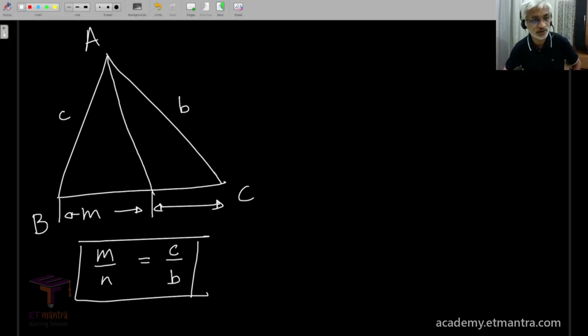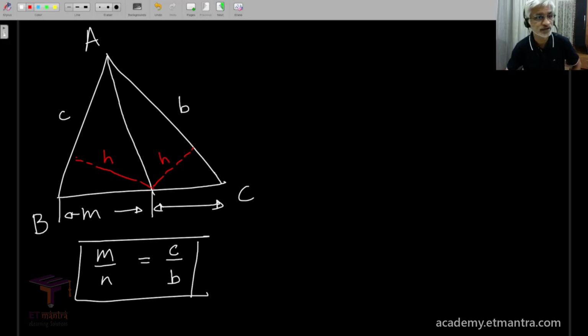The first one is we shall drop a perpendicular from here and from here. Note that these perpendicular distances are going to be the same.